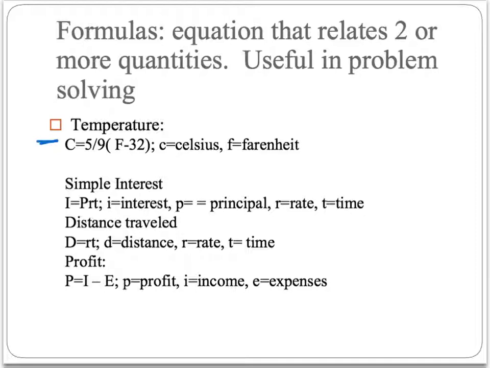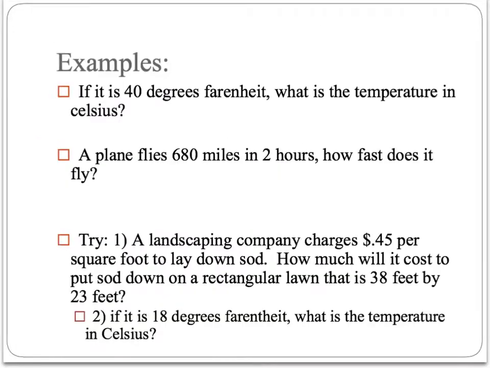Simple interest is the money that you might make at the bank on your savings account. Distance traveled: the distance equals the rate times the time. Profit is how much money you make, your income, minus how much things cost. So here are four very important formulas that we'll be using, not just in this section, but throughout the year.